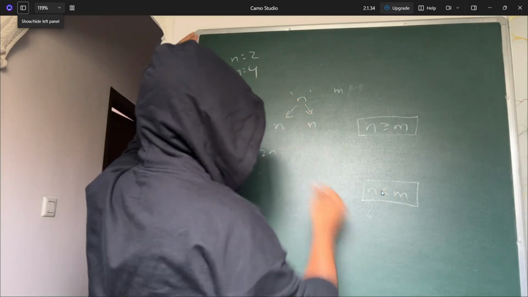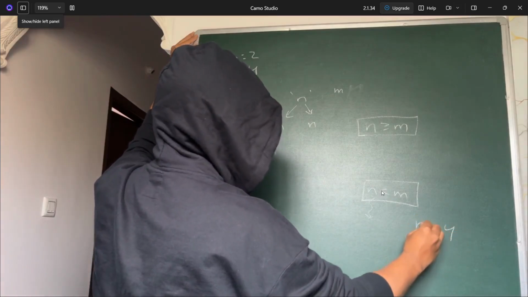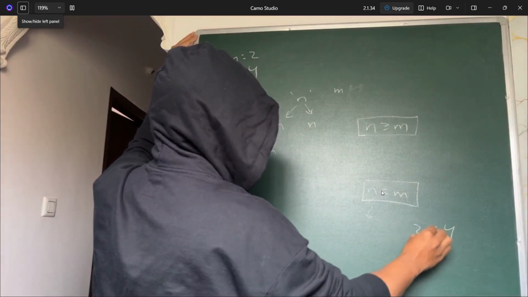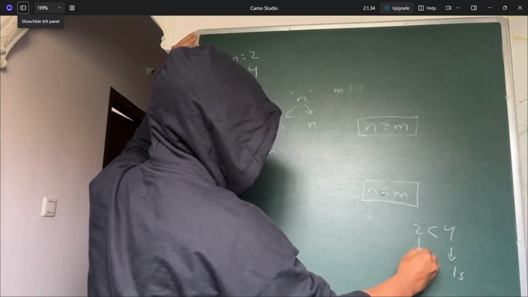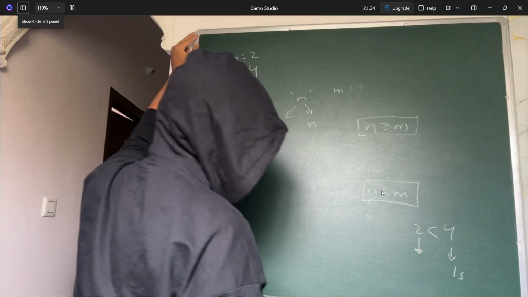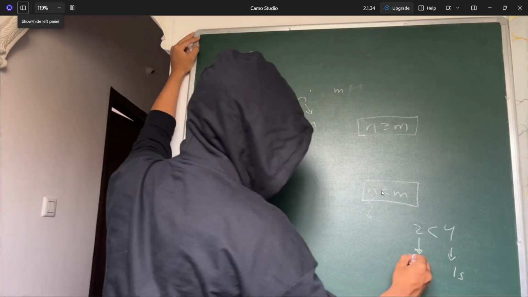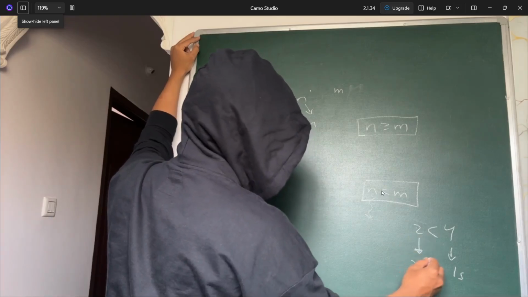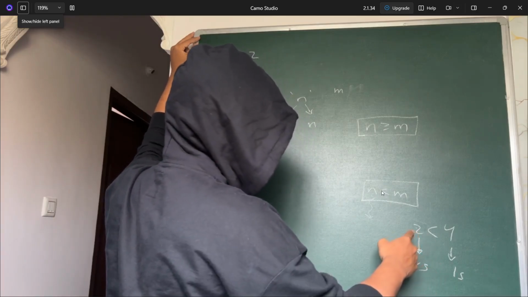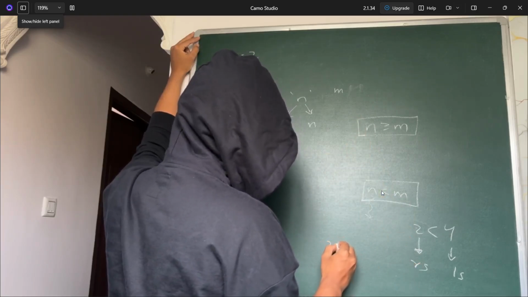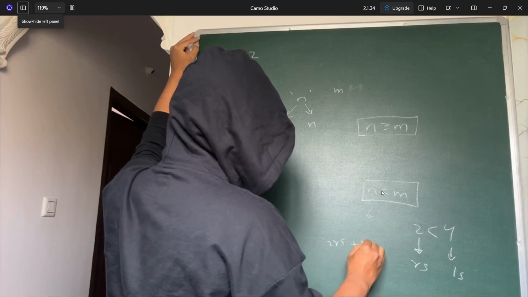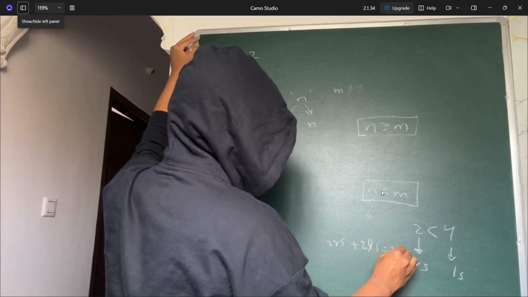Let's say in this example, m is 4, n is 2. So he already has 4 left shoes. To make 2 pairs of shoes, he needs to purchase 2 right shoes from the market, and that is the minimum. So 2 right shoes plus 2 left shoes will make 2 pairs of shoes.